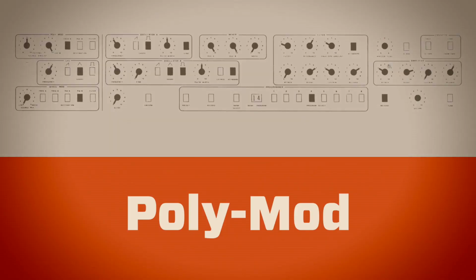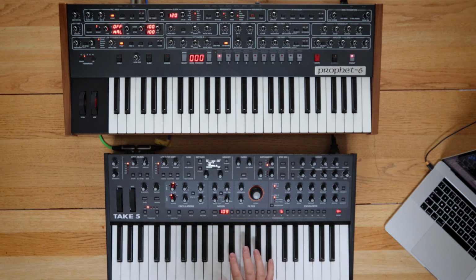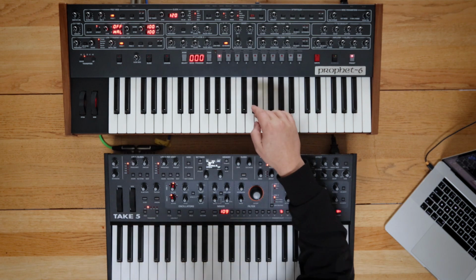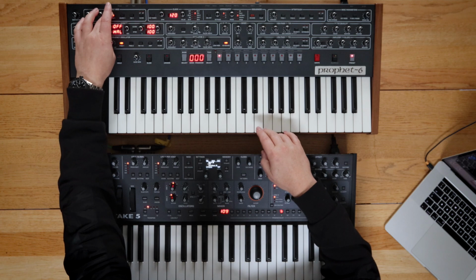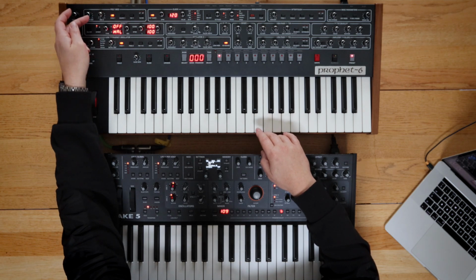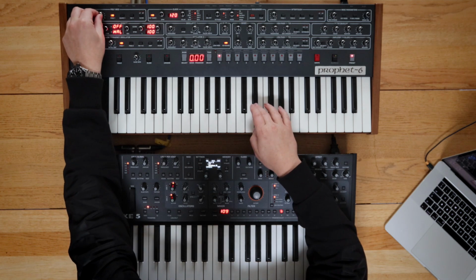Let's take a listen to the FM. Set them up both the same. I've got a sawtooth on oscillator 1 and a square on oscillator 2, an octave lower. So let's try bringing in some FM. Frequency of 1, using oscillator 2.